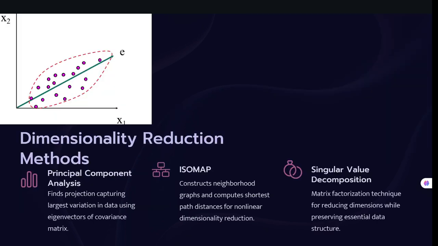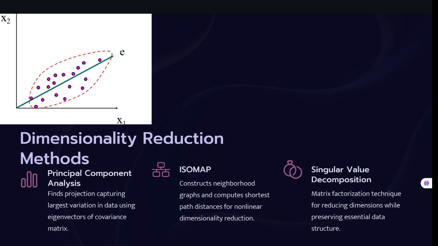What is dimensionality reduction method? Dimensionality reduction compresses data while preserving essential information. A common method is principal components analysis, which is called PCA, which finds the direction of maximum variance.